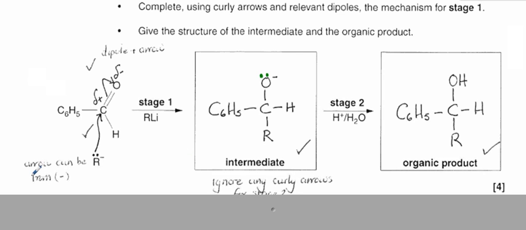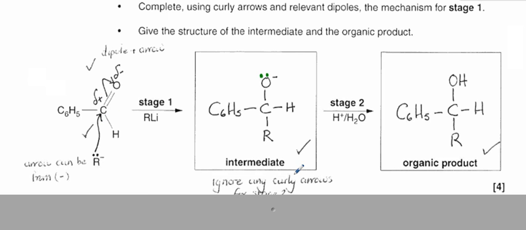Just a note here, if you don't put the lone pair on, you still get the mark if your arrow goes from the negative sign. So it must go either from the lone pair or the negative sign in this case. It can go straight to the carbon atom, it doesn't need to go to the delta plus.